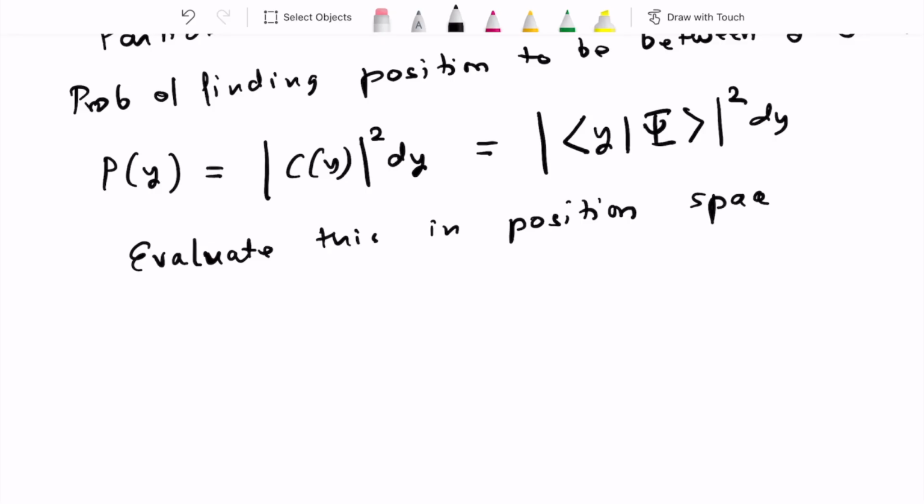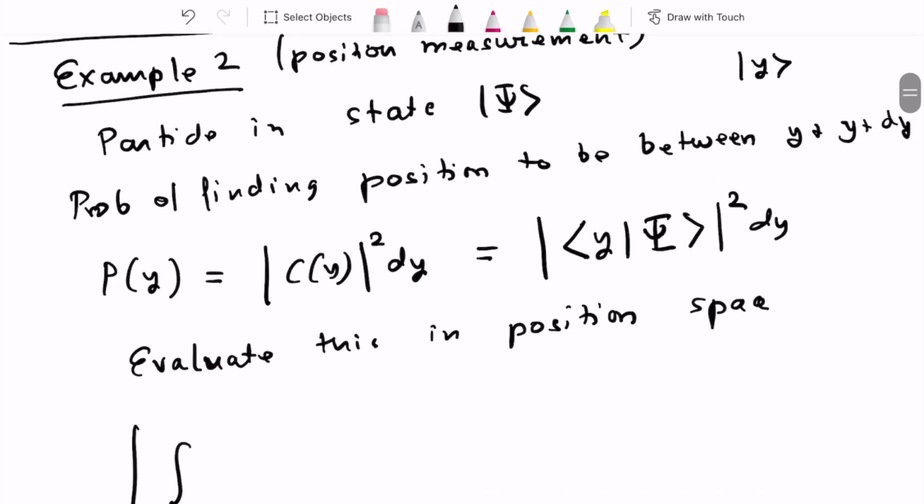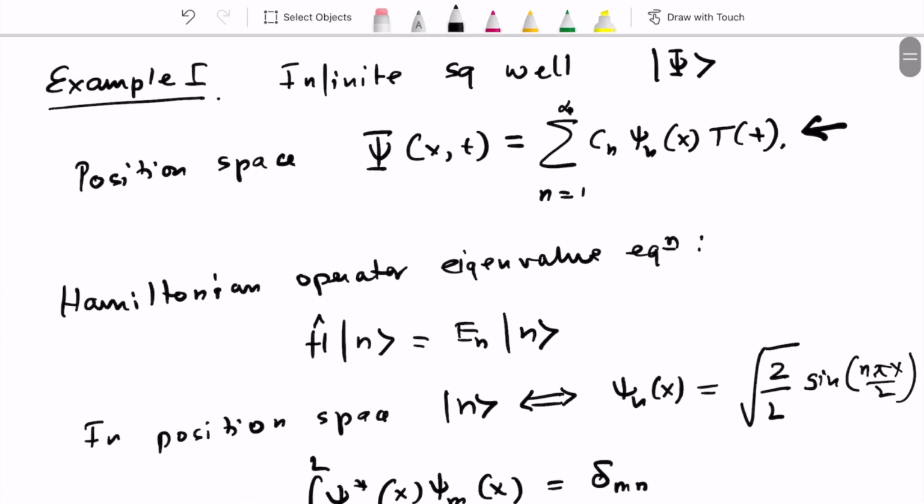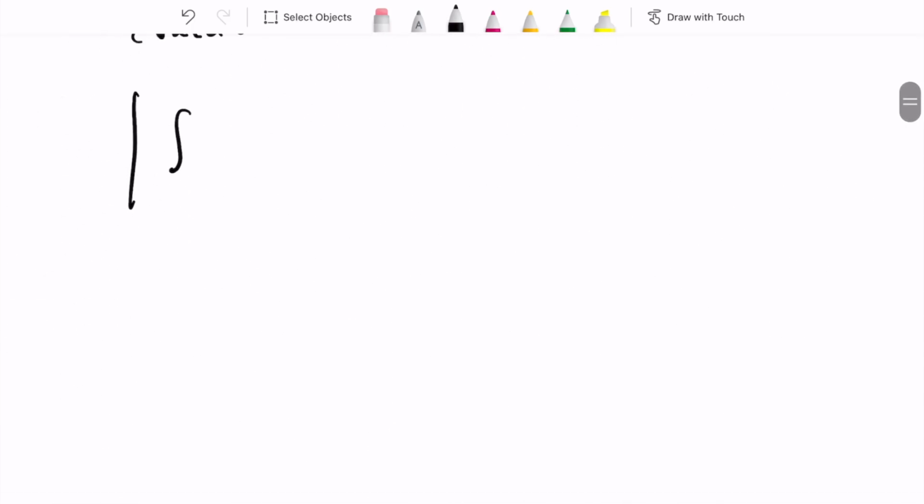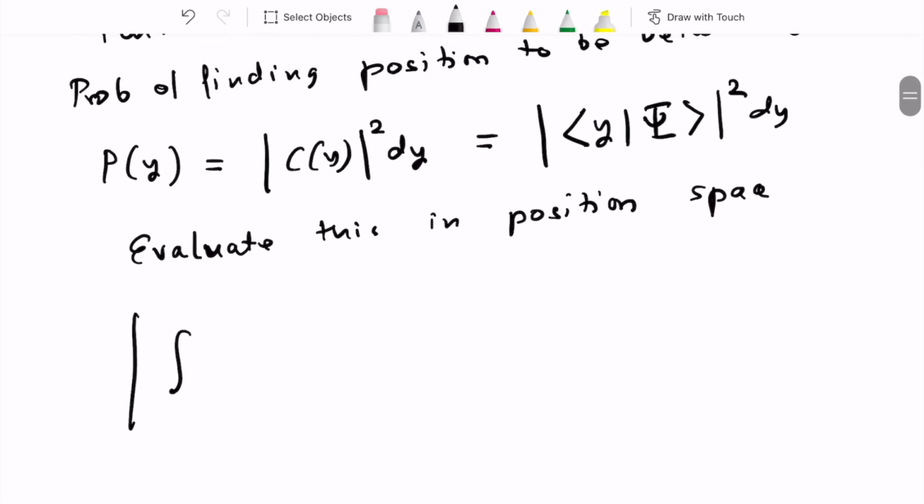So in position space, this scalar product becomes the position space representation of eigenstate y, which we've done before. We know what that was. That was psi y of x. But since we are taking a scalar product, we have to star this.